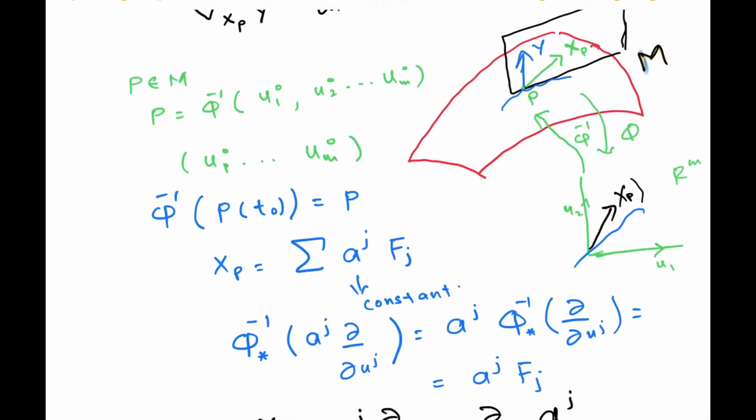So what I have done up to this point is this: I took a vector in the tangent space, X_p, and this X_p can be expressed as a linear combination of the basis vectors of this tangent space.